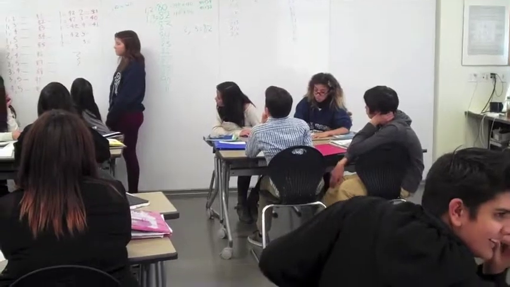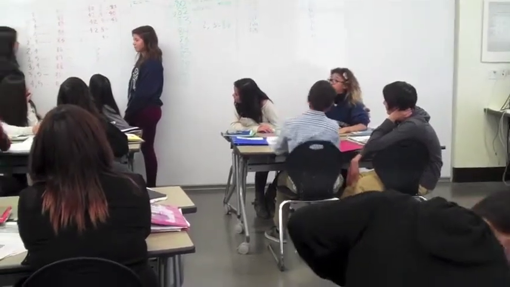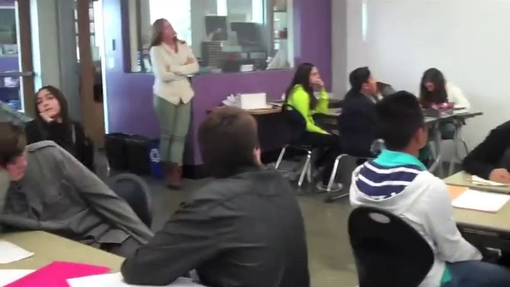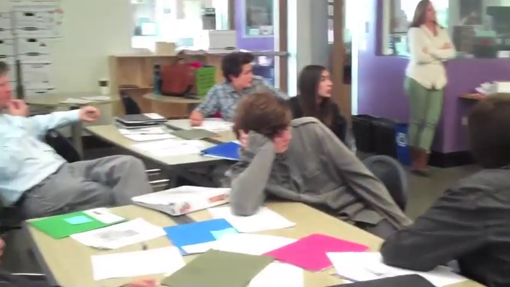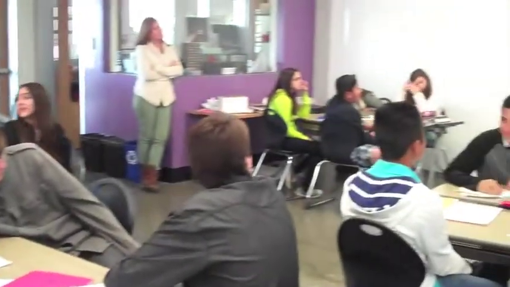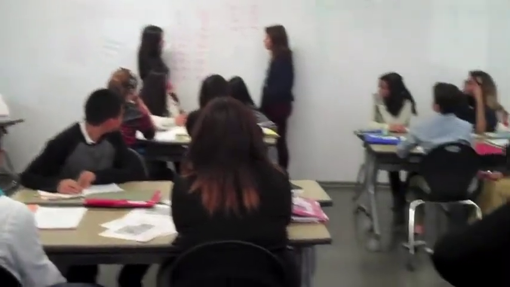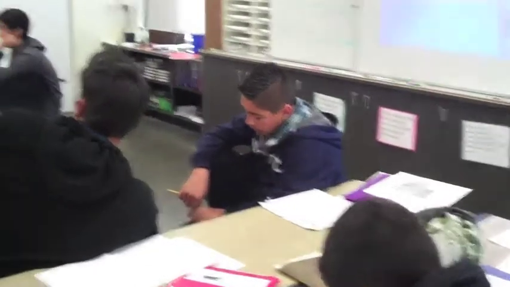And then Justin, what would 5 have to be equal to? 5. Correct. Now is that going to work for us? Let's take a look. Let's try to use this table. Amongst your table, try to use their technique and see if these numbers work. If these numbers don't work, let's see if we can find a set of numbers that do.